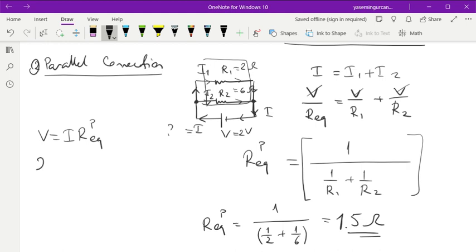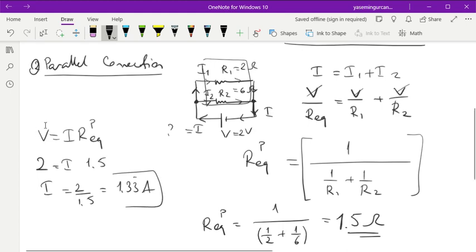The voltage given was 2 volt, I is the question, and R equivalent as we found here is 1.5. Therefore, our current is going to be 2 divided by 1.5, which is 1.33. Actually, it goes on, but I'm just going to write 1.33 here.